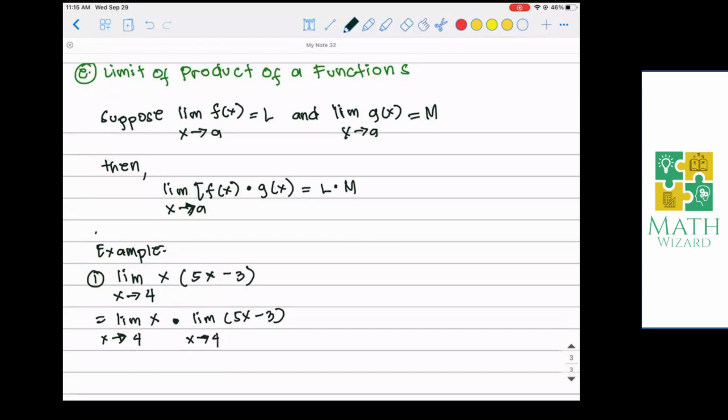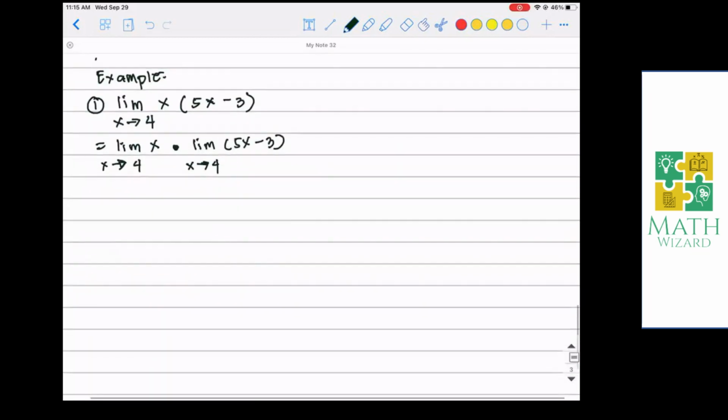Yan. And then, kukunin natin yung limit nila separately. The limit of x as x approaches to 4. Copy lang muna natin. So, the limit of x as x approaches to 4. Multiply. Yan. So, mapapansin natin sa pangalawang function, mayroong operation dyan which is subtraction.